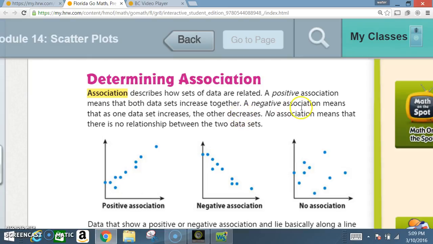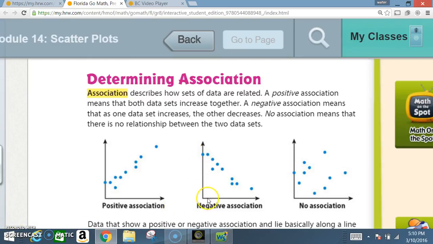A negative association means that as one data set increases, the other decreases. So here is a negative association. Here X is increasing, but as X is increasing, the Y values are decreasing.